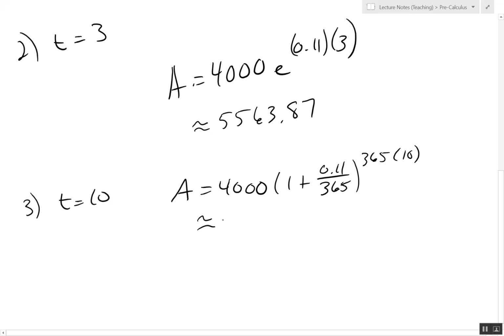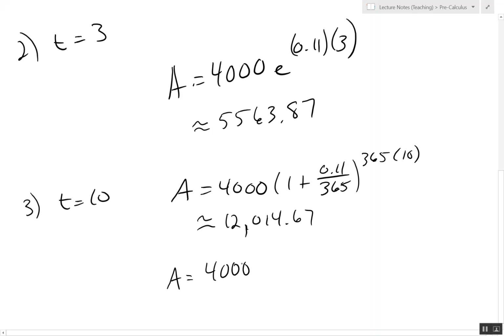So let's figure out this number here. So this is going to be approximately equal to $12,014.67. And let's look at compounded continuously.